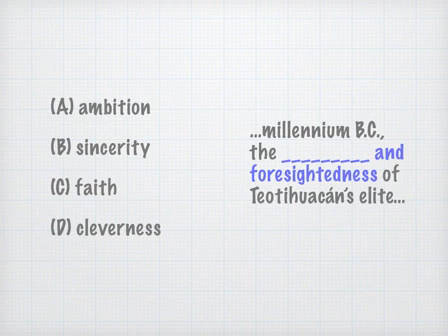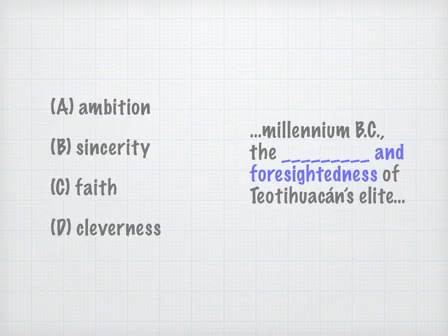We have two tasks here. We have to find a word that collocates with foresightedness, and works with foresightedness to describe Teotihuacan's elite. It does help if you know what foresightedness means.